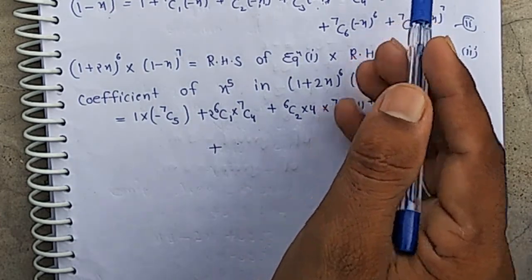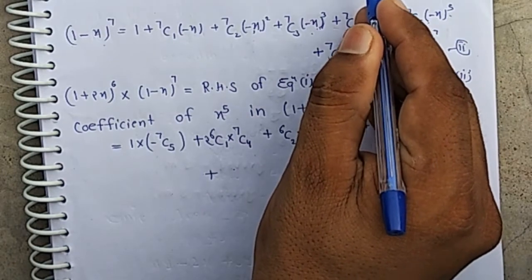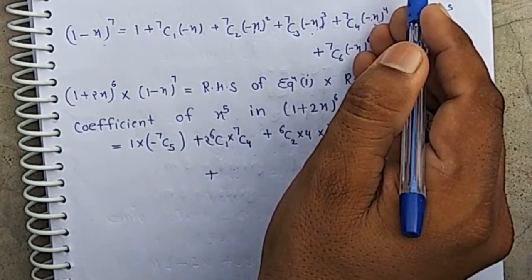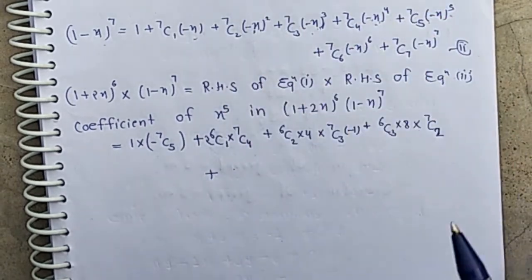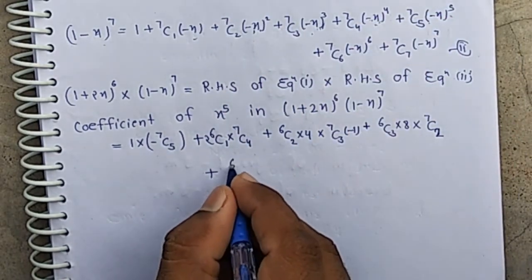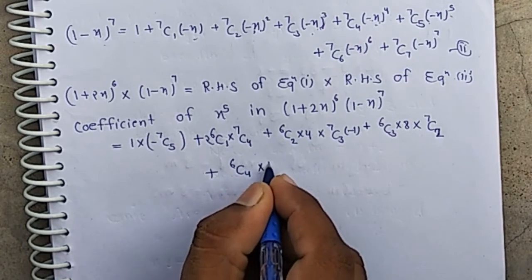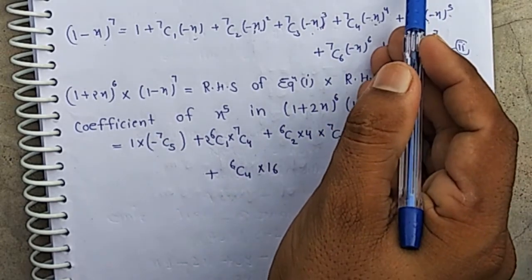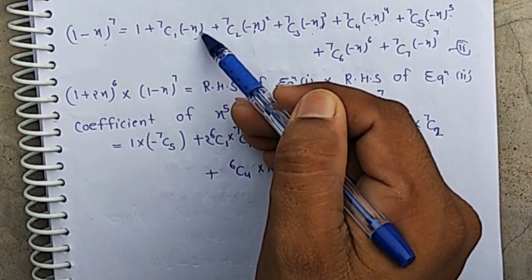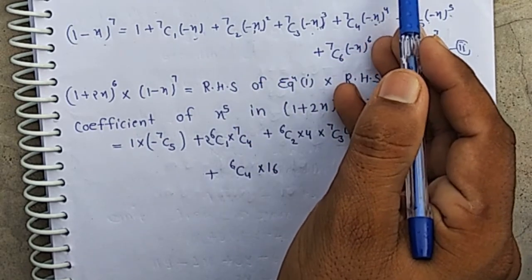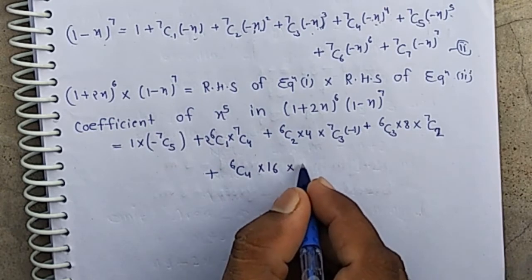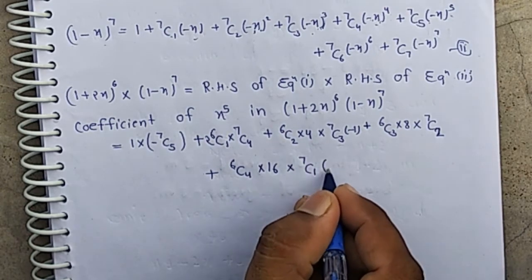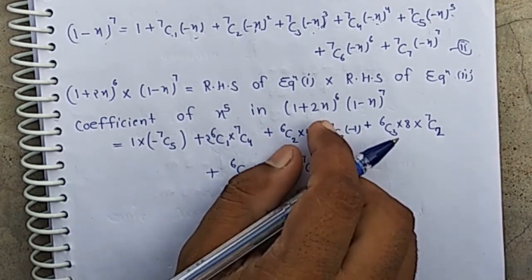Now when x to the power 4 is multiplied by this term, the coefficient of x to the power 5 is 6C4 into 16, means 2 to the power 4 is 16, into 7C1 (-1).